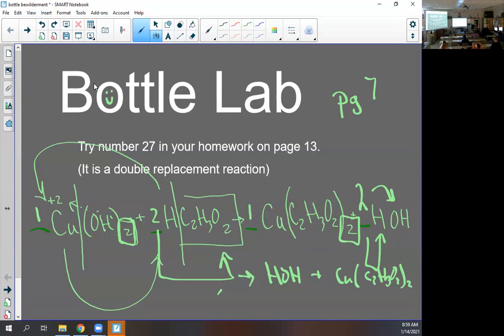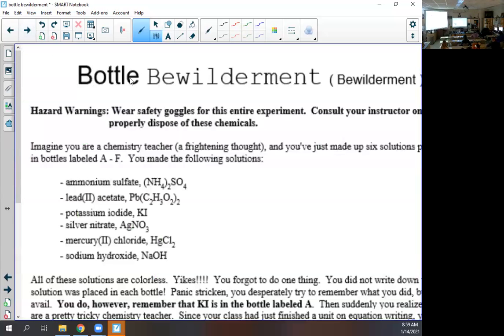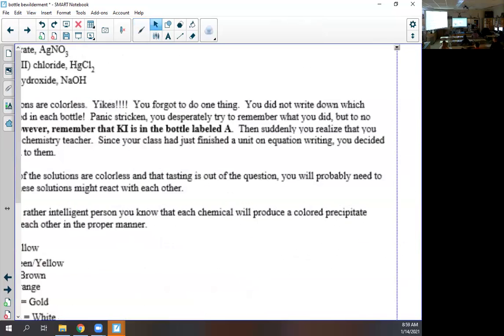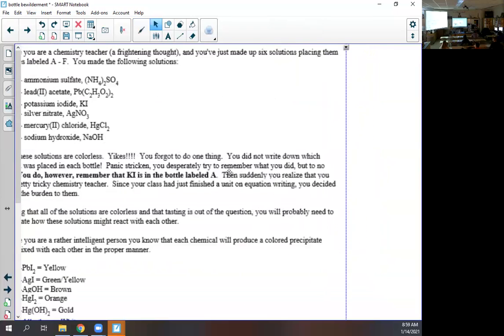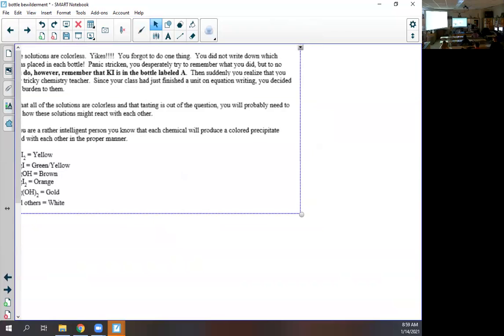All right. The bottle lab is on page 7. It's called Bottle Bewilderment. I absolutely love this lab because it's hard. You're like, what? The lab part is a piece of cake, but learning and applying, those are the tricky pieces.